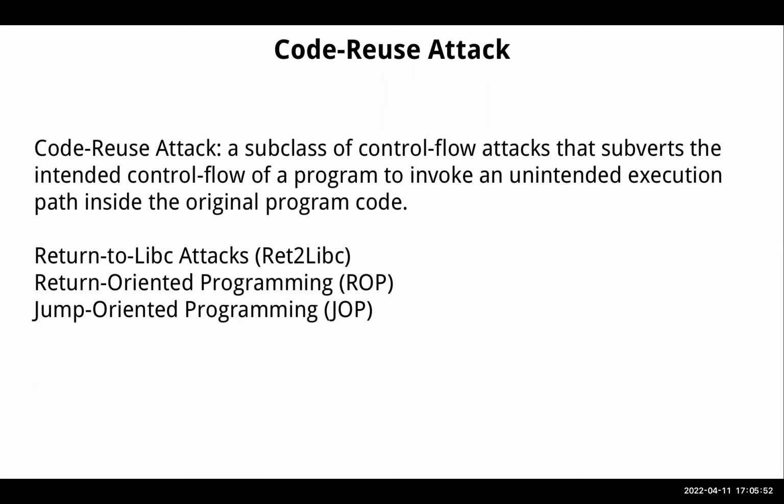When the defenders stop shellcode injection or execution, the attackers come up with new ideas. One of those ideas is called a code reuse attack, in which the attacker doesn't need to inject shellcode into the victim's address space, but tries to reuse what already exists in that address space.